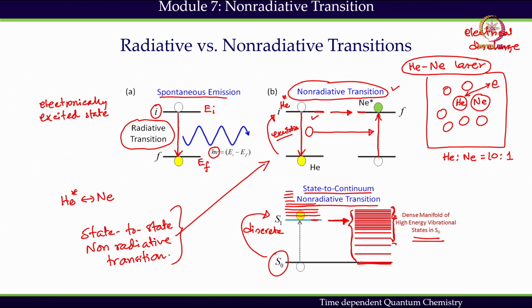In this module, we will go over the quantum dynamics of both state to state non-radiative transition and state to continuum non-radiative transition, which will lead to the well-known Fermi's golden rule, a rule of non-radiative transition.